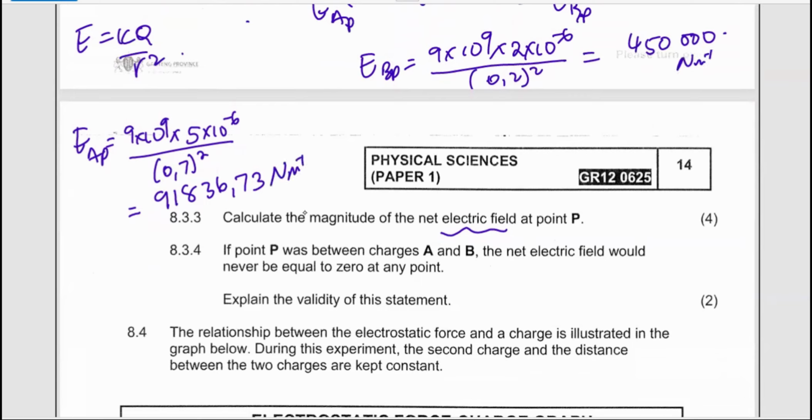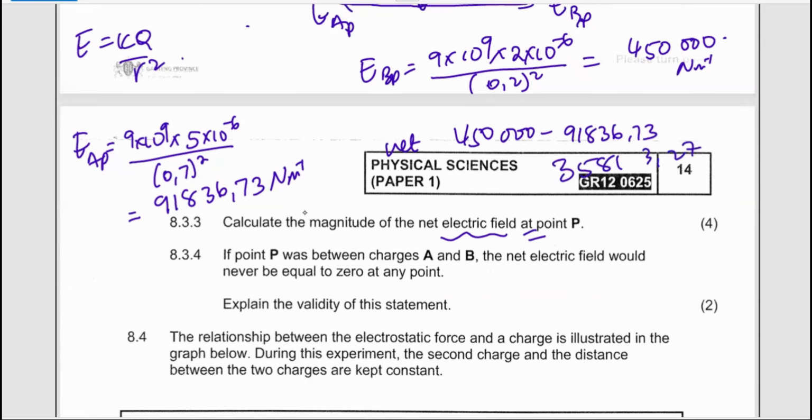Since we're looking for the net, we're just going to do the subtraction. So 450,000 minus the 91,836.73 gives me a rough answer of 358163.27, which is approximately 3.58 times 10 to the 5 newton per coulomb.